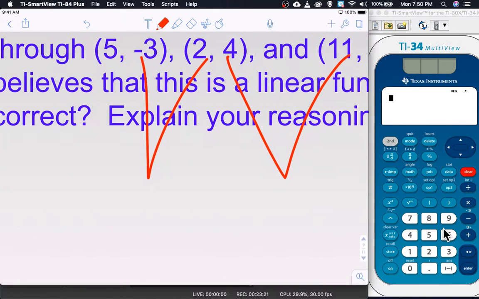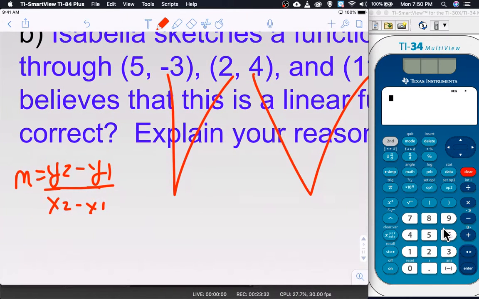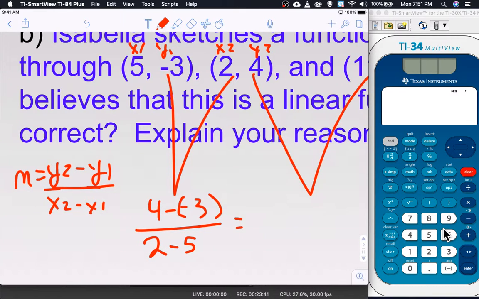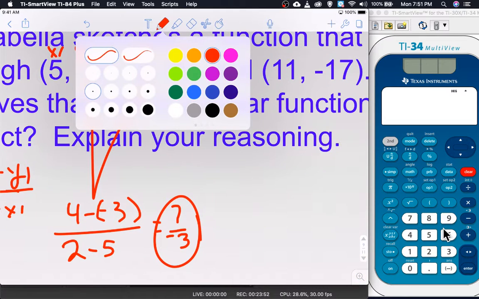So I'm going to do my m equals y2 minus y1 over x2 minus x1. That would be x1, y1, x2, y2. 4 minus -3 over 2 minus 5 gives me 7 over -3. Okay, interesting slope, but that's what it is. From the second set of points, I'm going to change color here so we don't get ourselves confused.